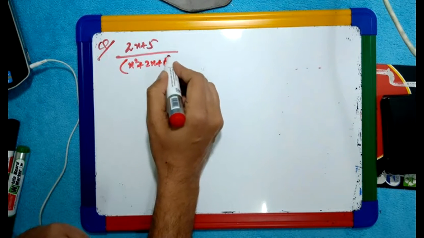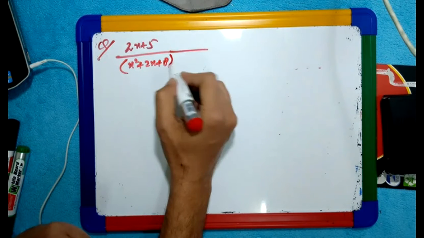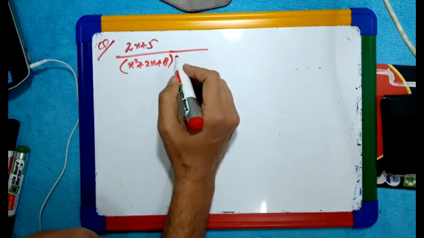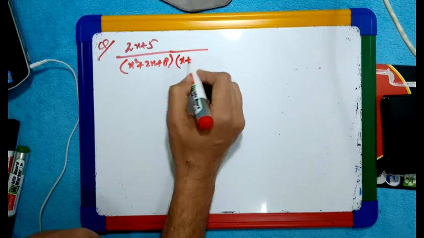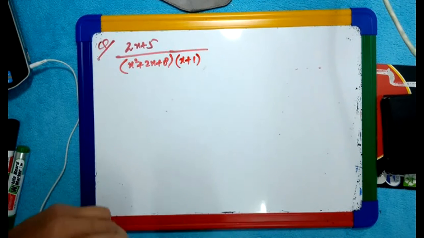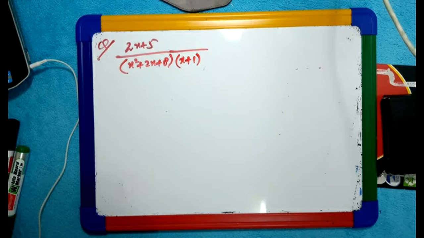and one is this over here, x plus 1. Two things are given, and you cannot make a factor of this one.